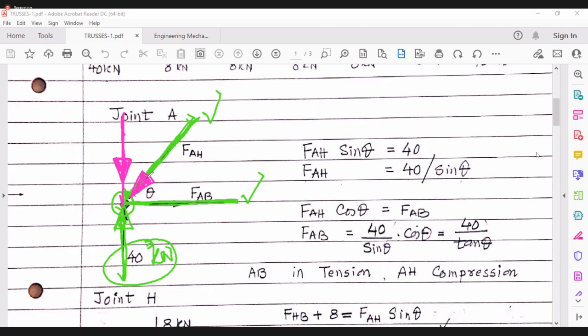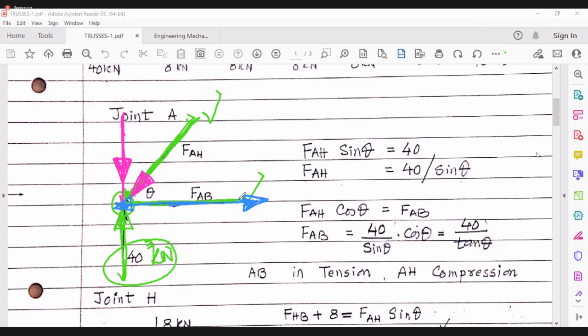Now FAH will have a horizontal component like this. That horizontal component should be equal and opposite to FAB.